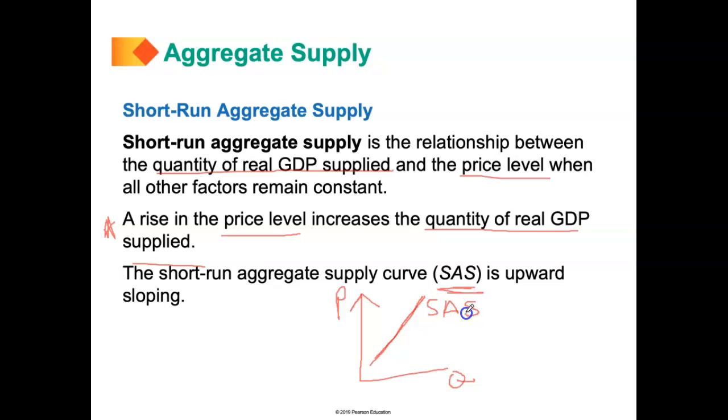As the price level increases, let's say we are at point A and we move to point B, the quantity of real GDP supplied will increase as well.